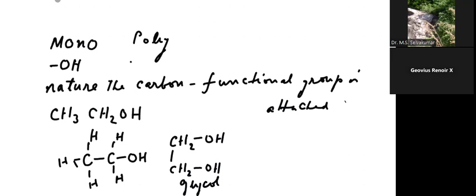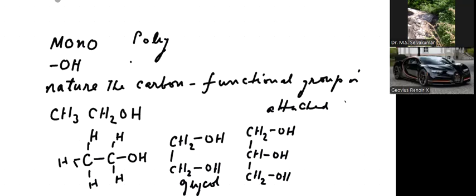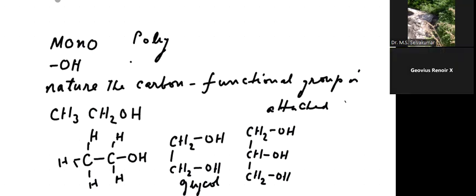I write another alcohol, CH2OH, CHOH, and CH2OH. When you write like this, first of all, you have to understand whether the valencies are correctly filled. Look here. This carbon is attached to 2 hydrogens, 1 OH, and 1 carbon.